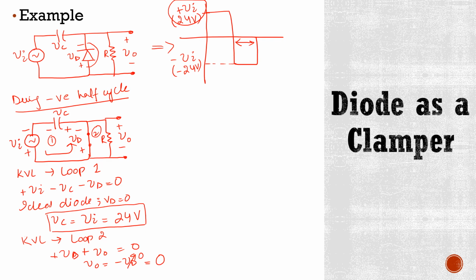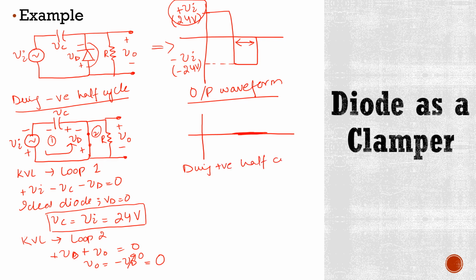So the output voltage is 0. So the output waveform during the negative half cycle is 0 volts.